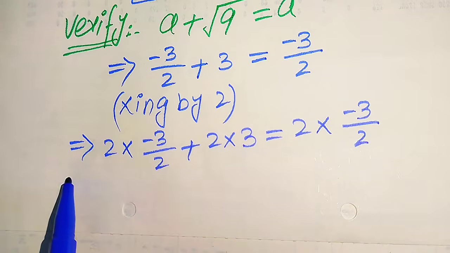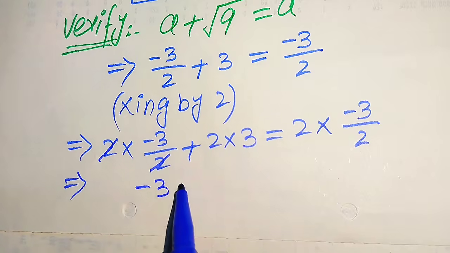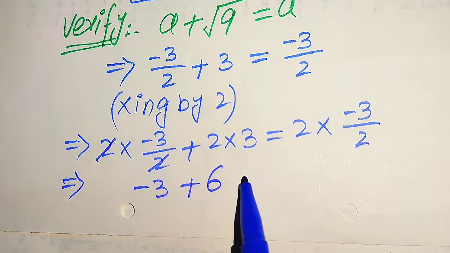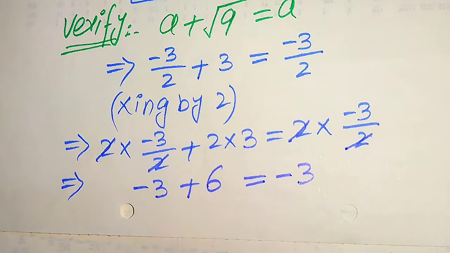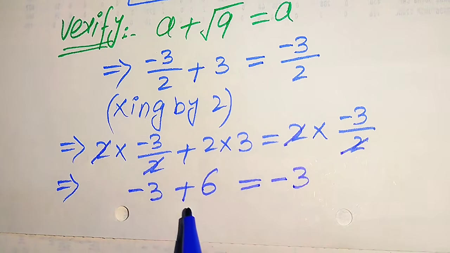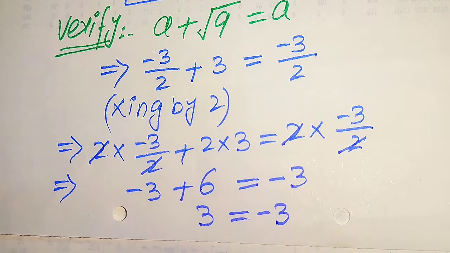Now the 2 and 2 are gone, and we get minus 3 plus 2 times 3, which becomes 6, is equal to, the 2 and 2 are also gone, minus 3. So this is minus 3 plus 6 becomes 3 is equal to minus 3. And you see here, this is 3 is equal to minus 3.